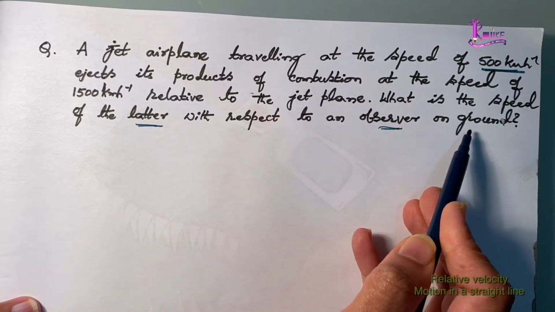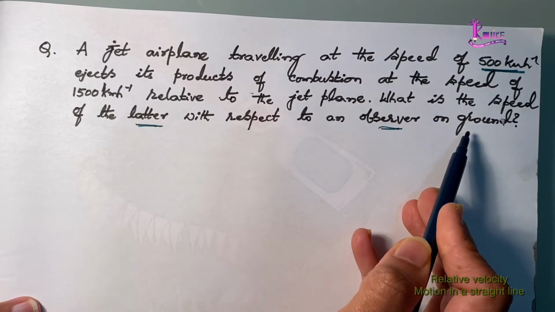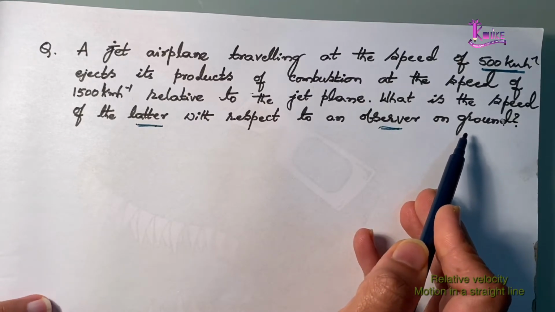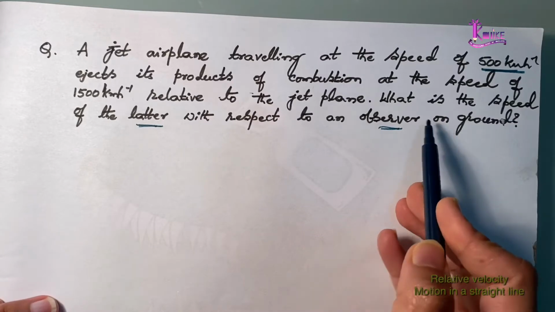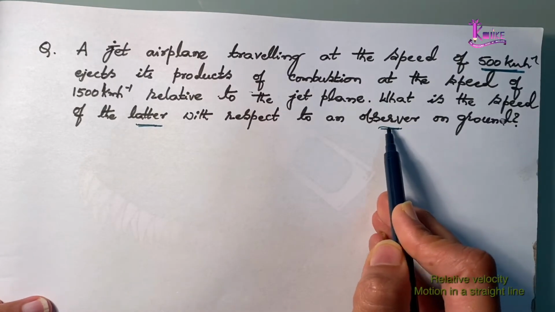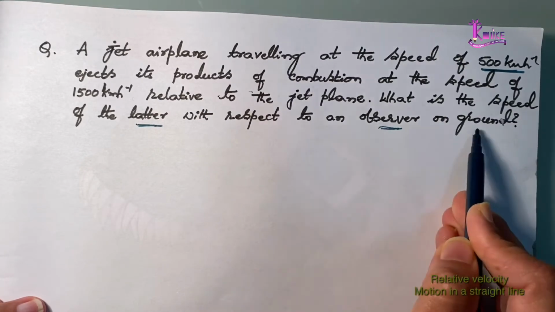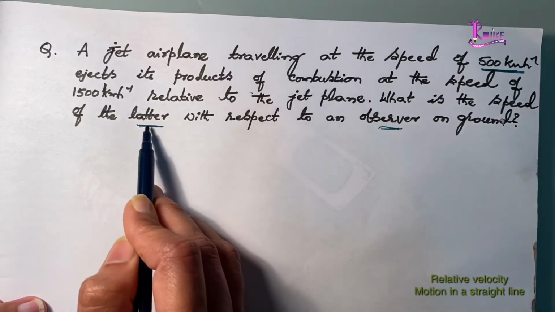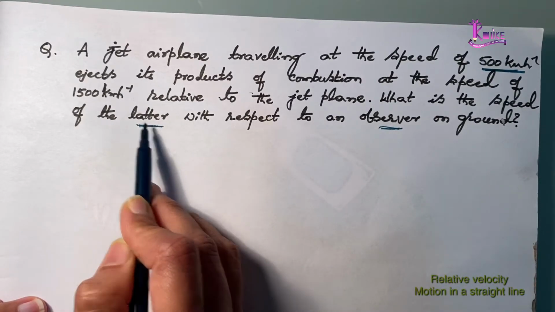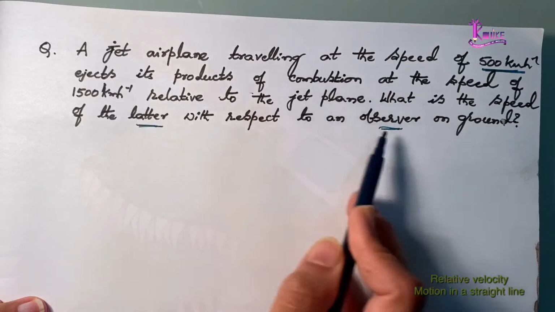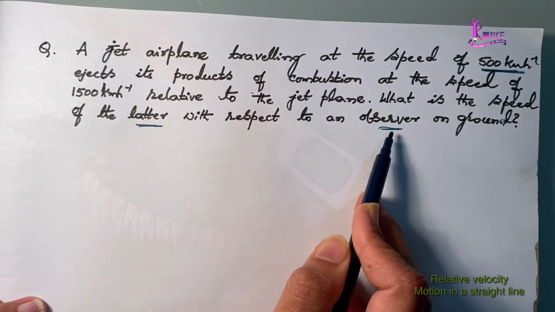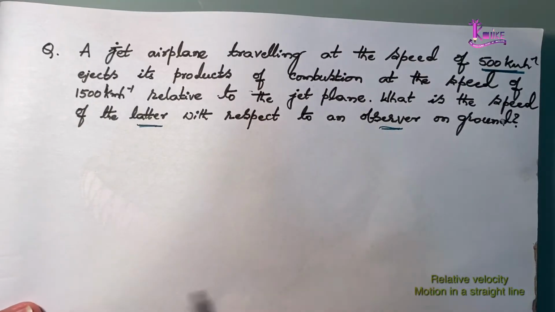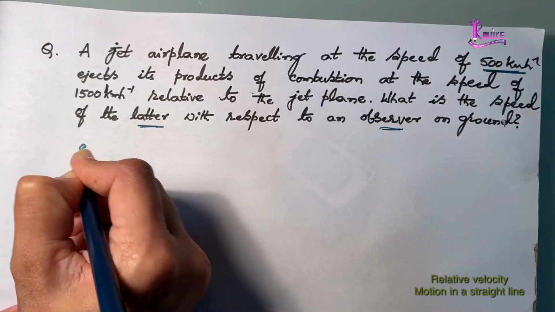Now, ground is a reference frame which is at rest, since it moves with a uniform motion. So, the acceleration of the ground is always 0. Therefore, we assume it to be at rest. So, you have to calculate the velocity with which the products are moving with reference to a frame that is at rest. So, how do we go about this?